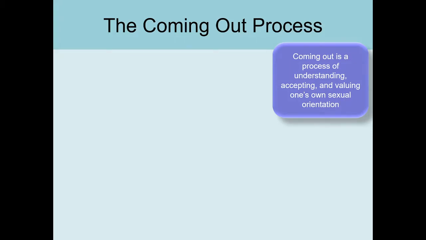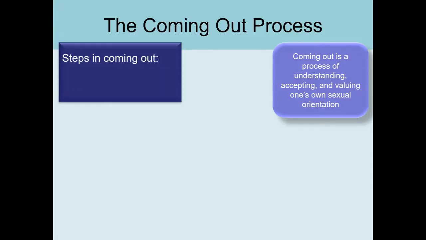So it's important as friends or loved ones of a person who's going through the coming out process to recognize that it really is about them growing into their own self-identity. And part of that is being valued by people who they care about and they love, and they're worried about that. But part of it is also getting over that hurdle of being able to say it out loud for the first time, right? Things like that. So oftentimes the first step is acknowledging it to themselves, right?